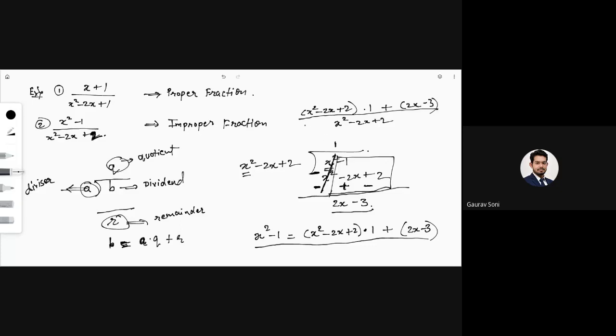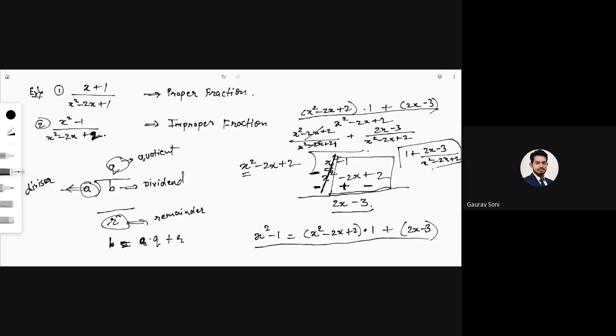So x square minus 2x plus 2 upon x square minus 2x plus 2 plus 2x minus 3 upon x square minus 2x plus 2. This first part will get cancelled out, being the same. So what we have is 1 plus 2x minus 3 upon x square minus 2x plus 2.